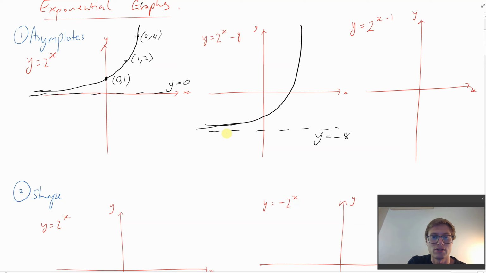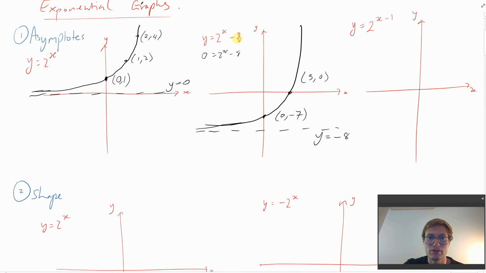Make sure it approaches the asymptote properly there. Then you can calculate the axis intercepts. If you put in 0, 2 to the power 0 is 1, 1 take away 8 is of course minus 7. You could also find the x-intercept if you wanted to. You basically want 2 to the power x to be equal to 8, and that occurs at 3. So if you put in 3, 2 to the power 3 is 8, 8 take away 8 is 0. Great, so there's that graph.